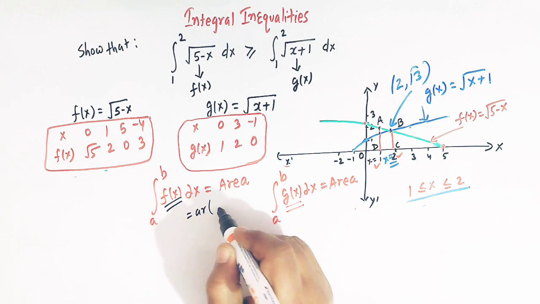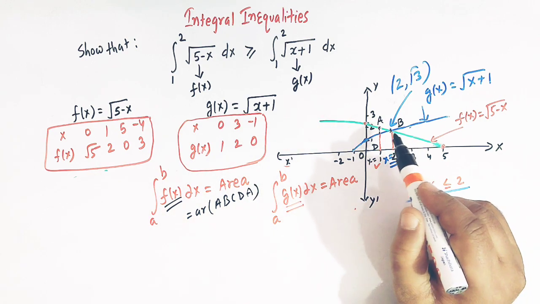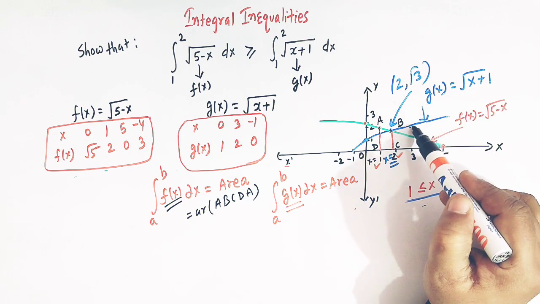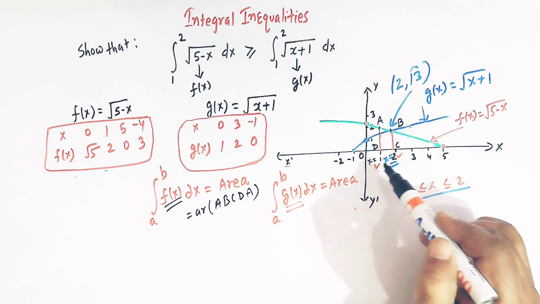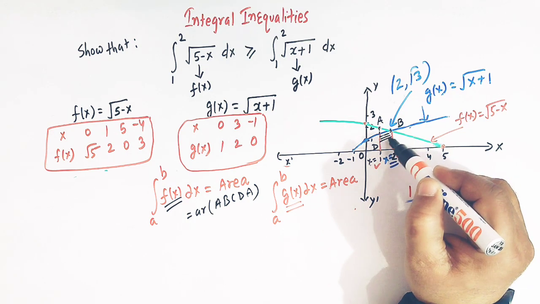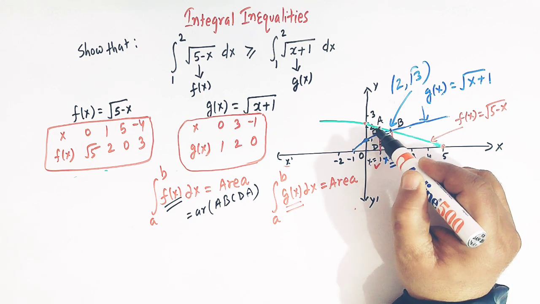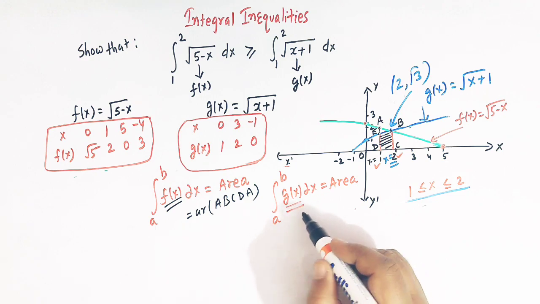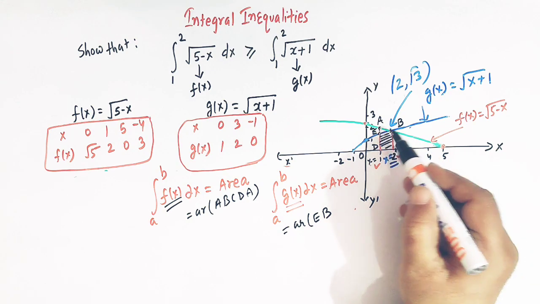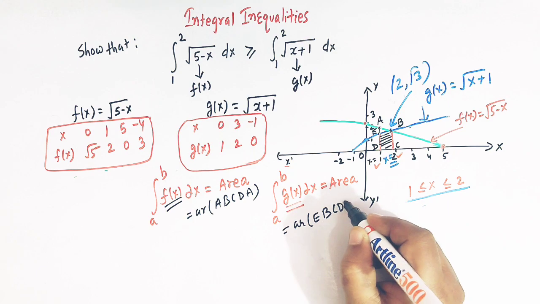And the area bounded by the blue curve g of x from x equal to 1 to x equal to 2 is this area, right? So here we can take this point as the point say E, so the area is E, B, C, D, E.